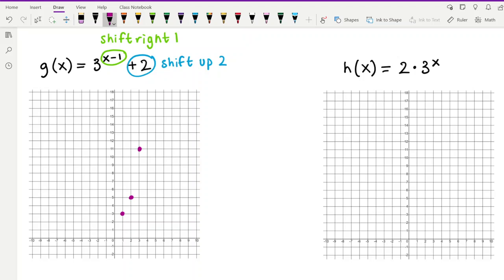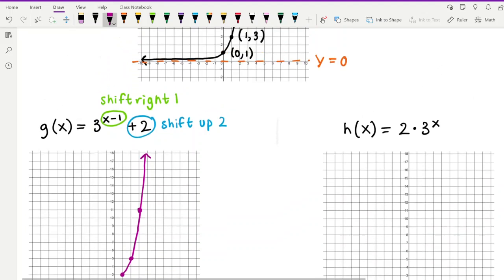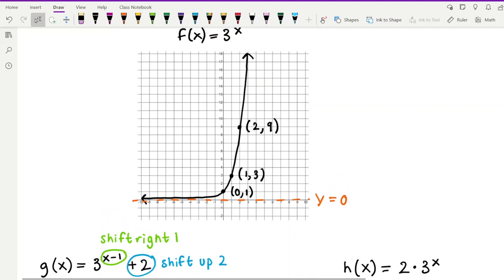Okay, so that gives us an idea of the right side of our graph. I'll connect these dots. What about the left side? We need to make sure we're aware of the horizontal asymptote. Not only do you have to keep track of where your key points ended up, but you also need to keep track of where the horizontal asymptote ended up. If we took this whole graph and picked it up and moved it to the right and then also up 2, what does that mean about where the horizontal asymptote should end up?